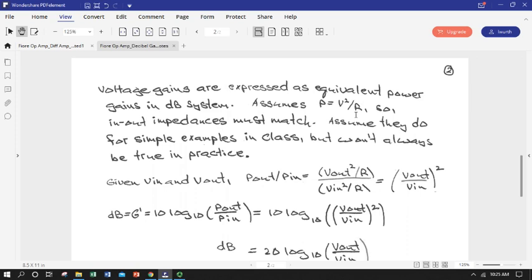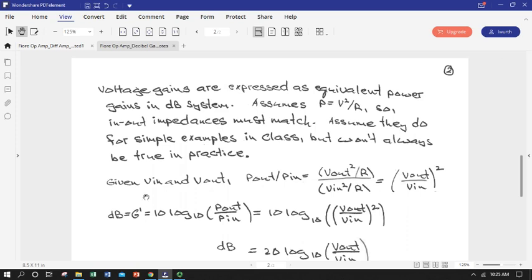Obviously, for this argument, we're going to assume input and output impedance are the same. That's not always the case, but it's well enough for the circuits that we're going to use. And so P out would just be V out squared over that same R.